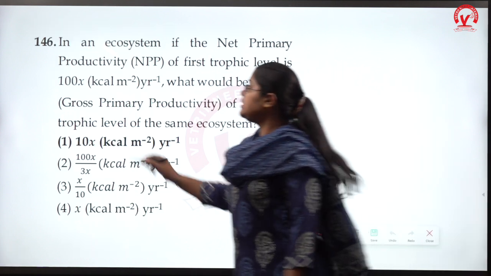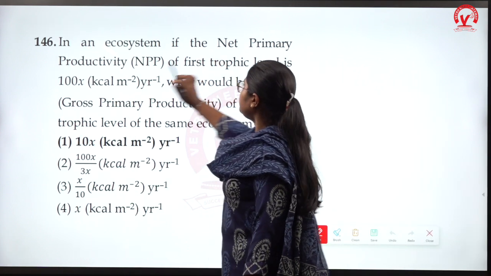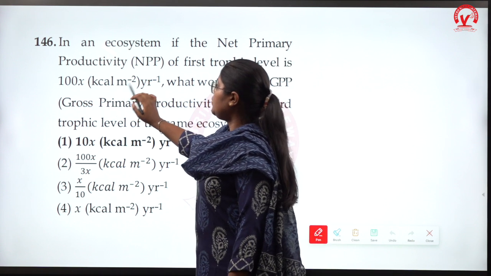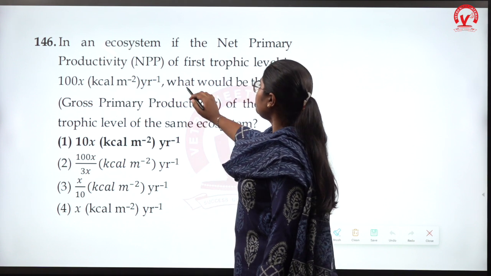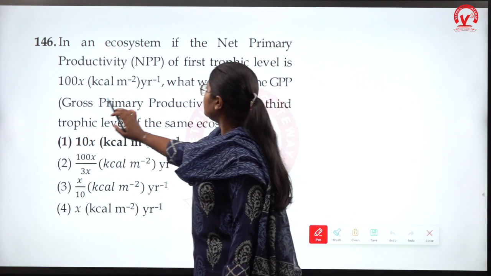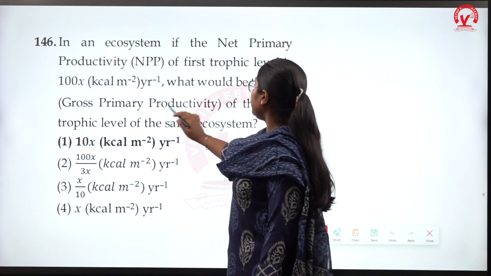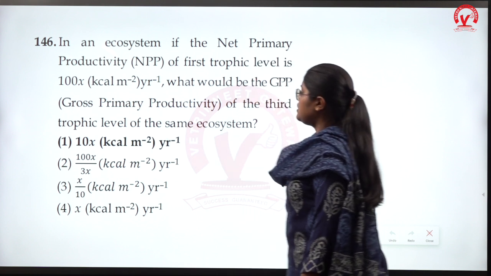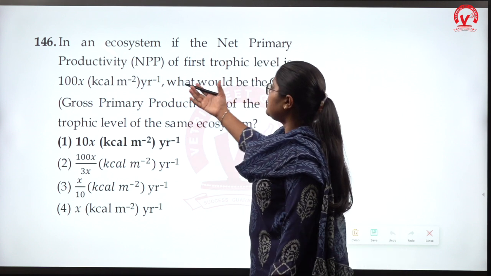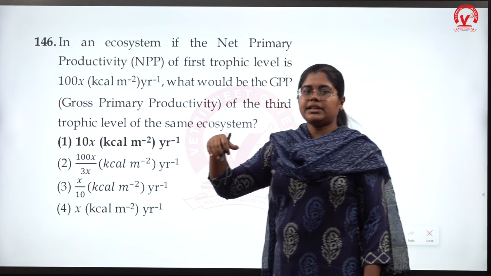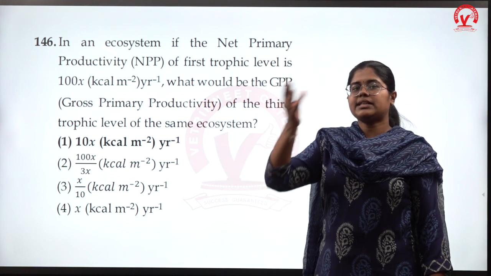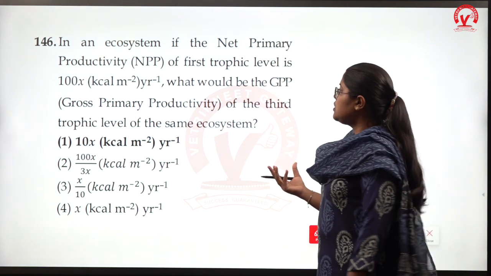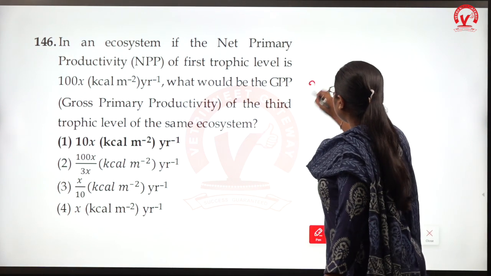So next question, in an ecosystem if the net primary productivity of first trophic level is 100x kilocalories per meter square per year, what would be the gross primary productivity of third level of the same ecosystem? So the net primary productivity of the first level is the productivity available to the second trophic level.